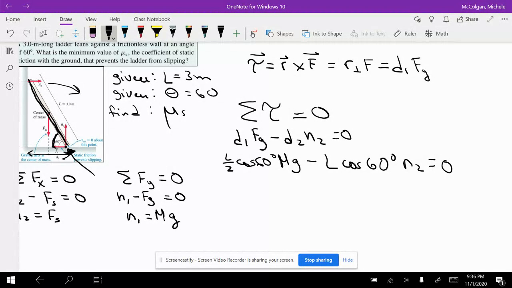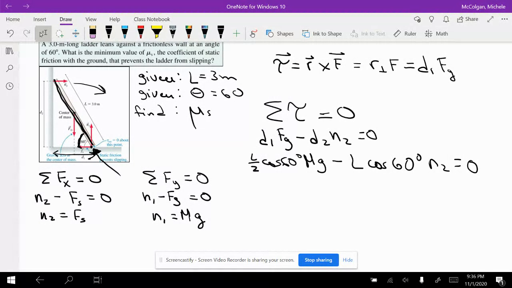Actually, they have this marked. They're using D2. I see why. So my D1 is incorrect, so I'm going to erase this, and we're looking for D2. The reason is because we're looking for the component of R that is perpendicular to N2.